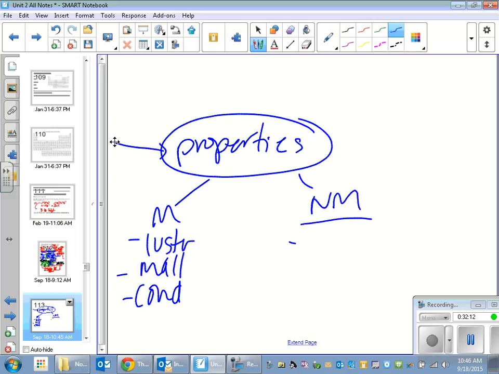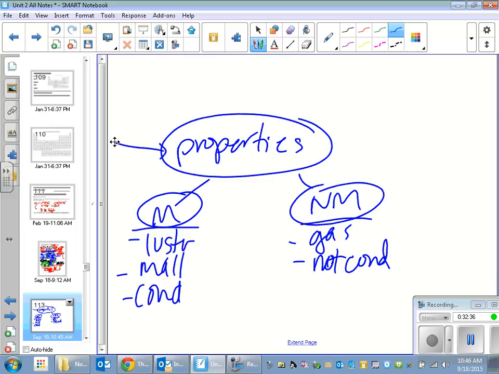Give me nonmetals. Gases. More. Not malleable, not conductive. Right? So not conductive and so forth. You guys have a lot of those properties in your paper, but that's another subcategory of this unit, our properties of matter and metals and nonmetals specifically.